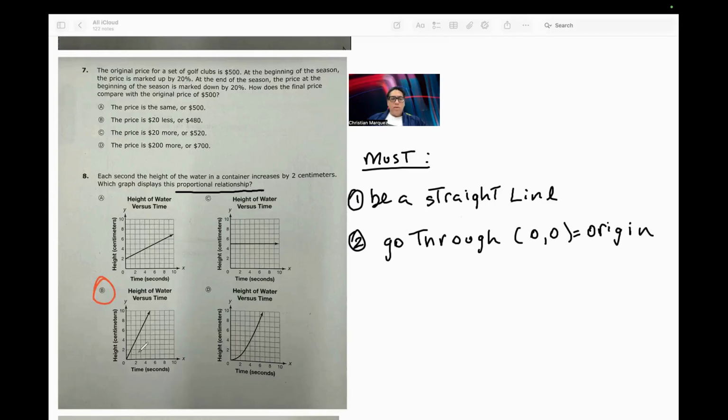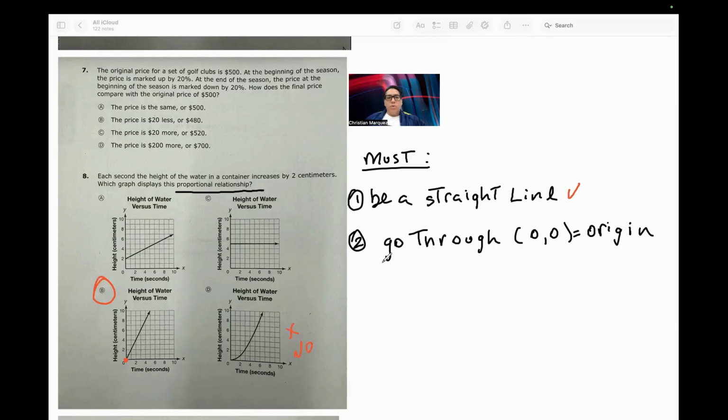This is a straight line, and it's going through the point 0, comma 0 here. This is called the origin. This is a curve, so this is no. This is a no. This is a straight line like this one, but it's not going through the point 0, 0. And this is also a straight line, okay? It's a linear function, but it's not going through the point 0, 0.